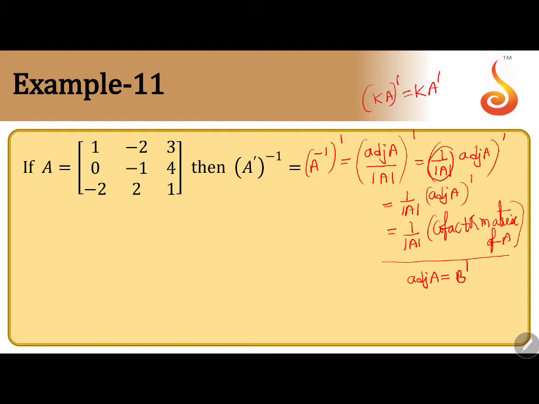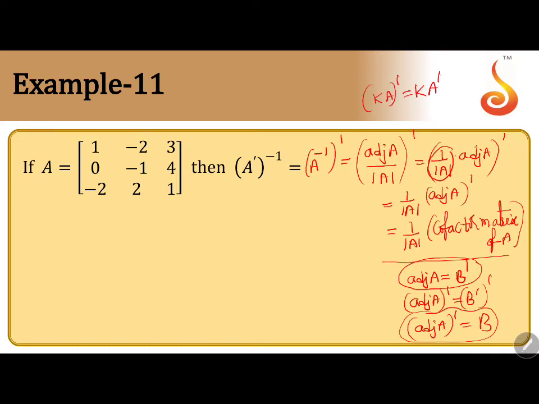Adjoint of A means the transpose of the cofactor matrix. If you take the transpose on both sides again, (P')' is B. So the transpose of the cofactor matrix is the adjoint, and the transpose of the adjoint matrix is the cofactor matrix.